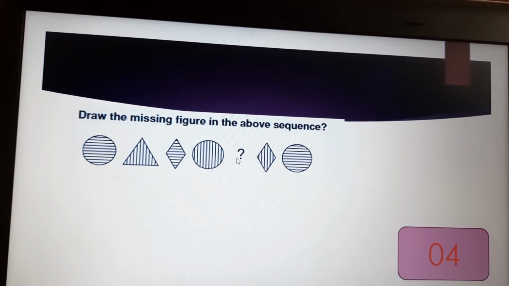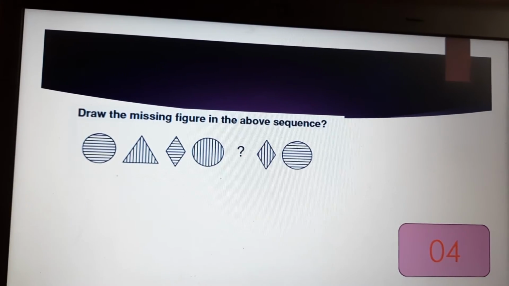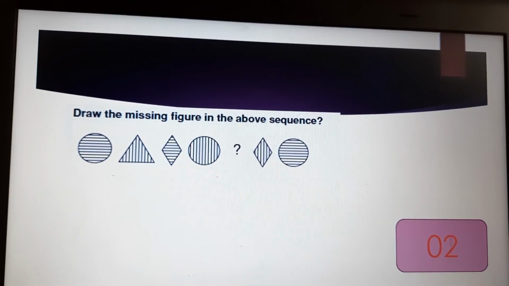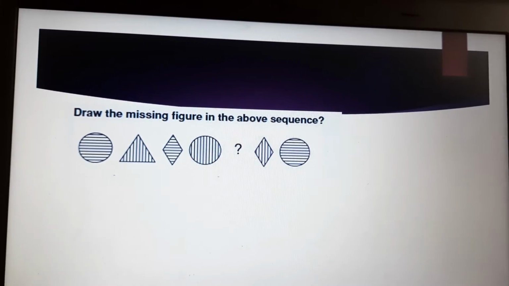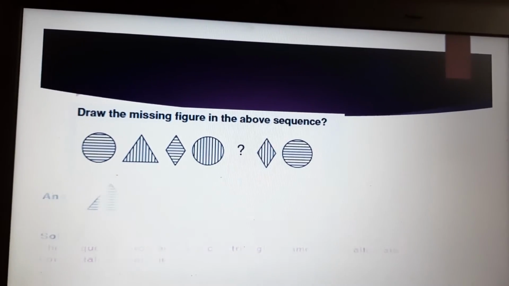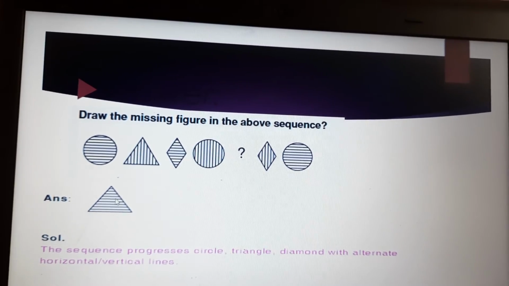Can you guess? Let's have a timer. Let's see the answer. So, triangle is the answer.